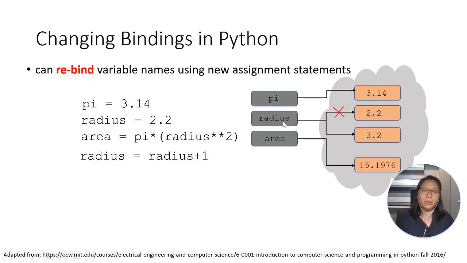The handle of the radius to 2.2 is removed, or crossed out, and radius now binds to 3.2. Take note that the object 2.2 is still there in the computer memory, and at some point the garbage collector may remove that value from the memory.